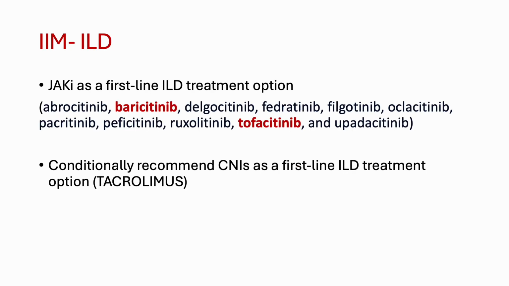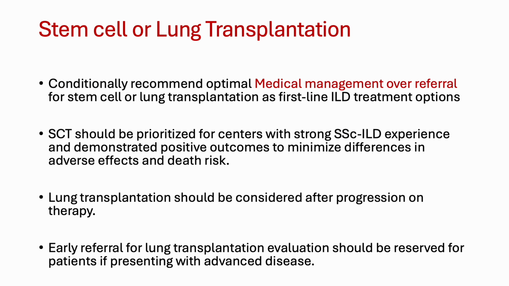Coming to the group of ILDs, as mentioned, two special agents, JAK inhibitors and calcineurin inhibitors. So JAK inhibitors like baricitinib, tofacitinib, which is available in our country, and calcineurin inhibitors like tacrolimus, can be added as the first line ILD treatment in this group of patients.